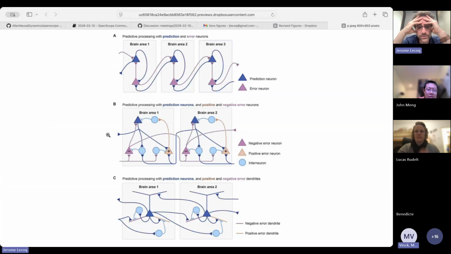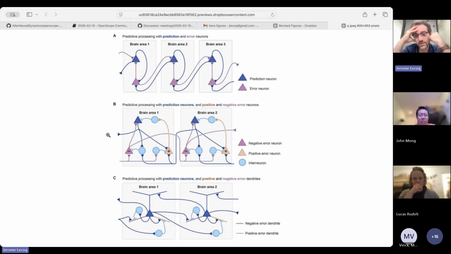We could also, because this is a specific proposal that might not be in agreement with Keller review perspective, add another panel, David. Not David, Lucas.